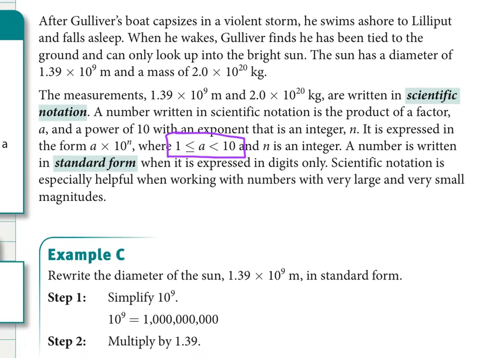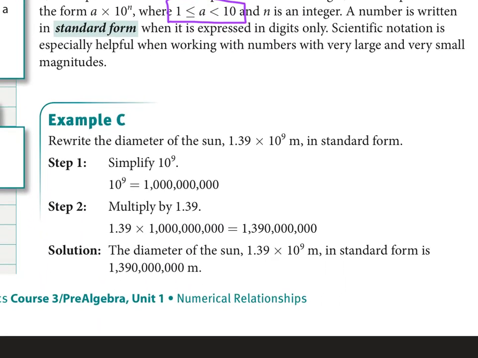Let's do it. So here's a worked out example. The diameter of the sun is 1.39 times 10 to the 9th power. Okay, so this is scientific notation because, again, it's a value which is between 1 and 10. So what we're going to do is do it the way we did it before, and we'll verify that we get the same answer.